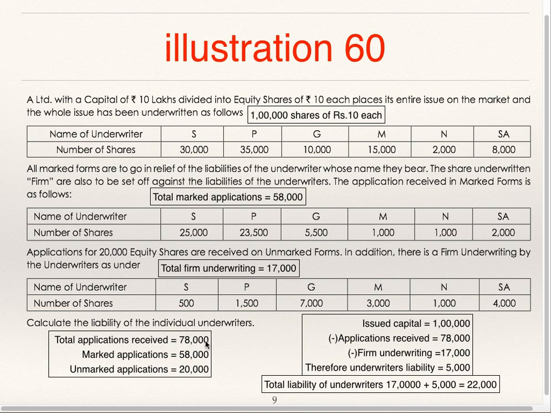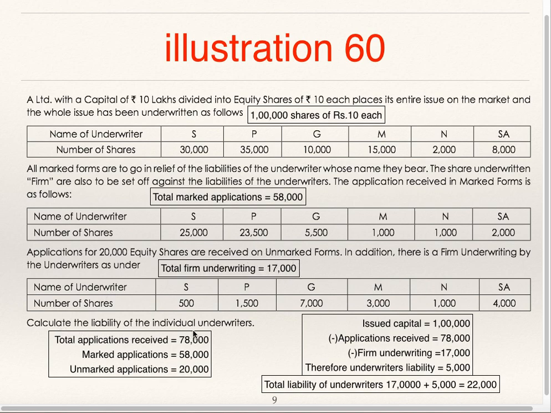Therefore, total number of applications received are 78,000, marked plus unmarked. In addition, there is a firm underwriting by the underwriters. These are the firm underwritings given for each and every underwriter. If you add all this, total firm underwriting is 17,000.